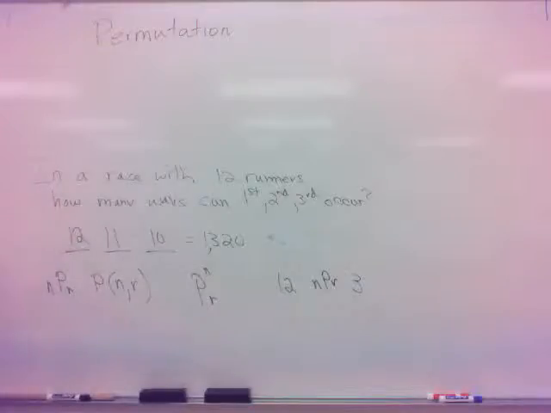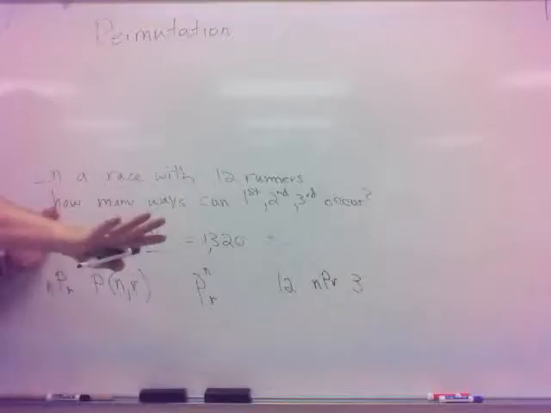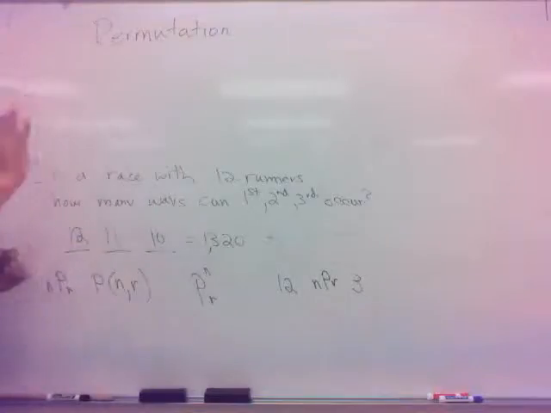But I like to call the permutation a partial countdown product. It can be the full one, but it's a partial countdown product because notice I did start counting down, I just didn't go all the way down to 1. So a permutation can be thought of as a partial countdown product where you start at a number and start going down, but you don't go all the way down.